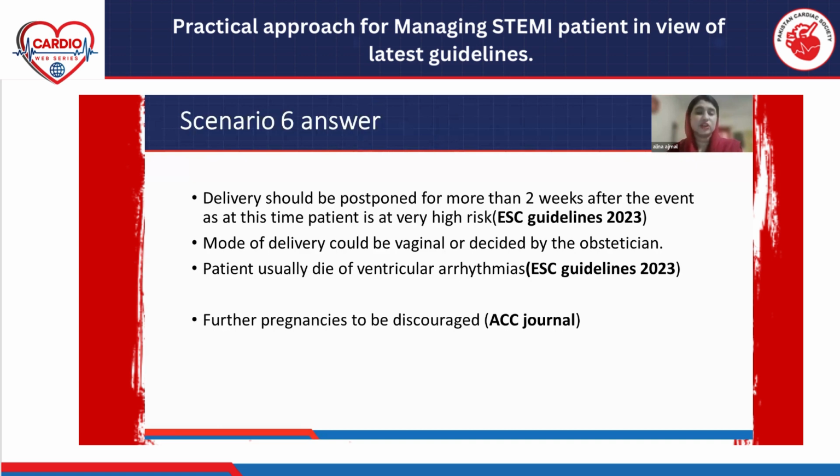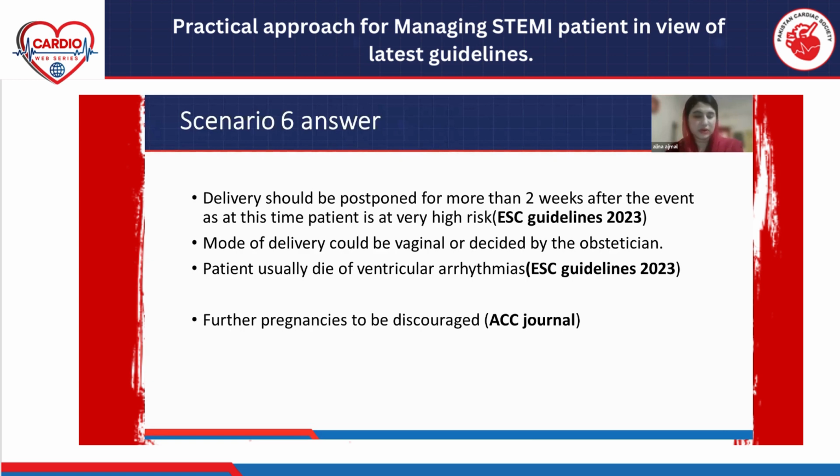Further pregnancies should be discouraged in such patients because we never know how much risk each and every patient carries. Regarding this, in the ACC journal, I would like to add some points. They collected data on some patients with spontaneous coronary artery dissection who proceeded towards further pregnancies.